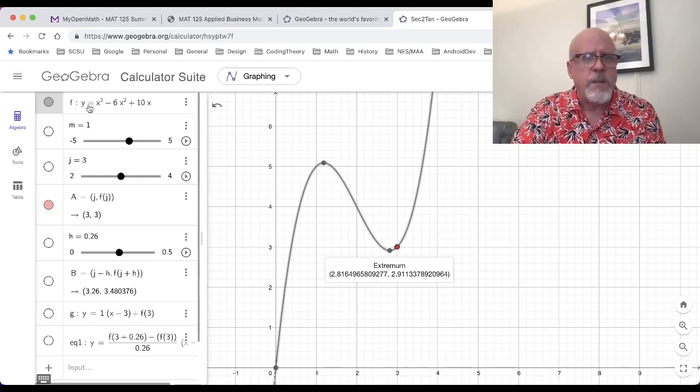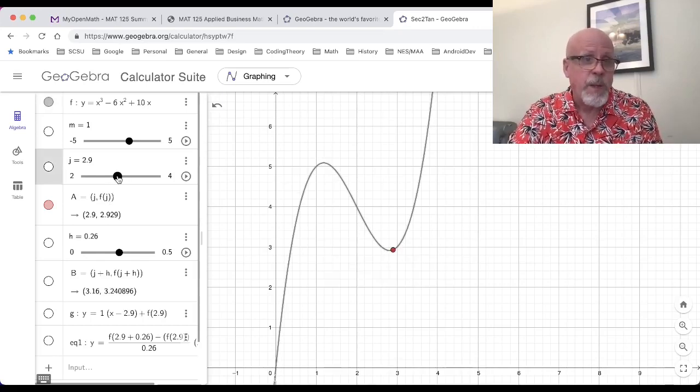I defined the function f, that is this weird polynomial that I put in, and then for the point I use a particular coordinate, j, and then the function evaluated at that j. So this is guaranteed to be on the curve. Right? If I move j around, I get points that are just in motion along that curve.